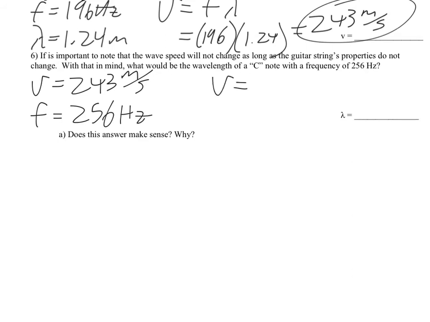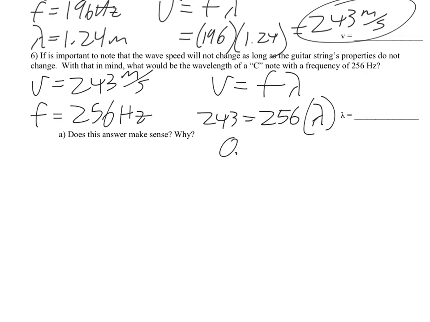So using v equals f lambda, v is 243, f is 256, and lambda is unknown. To get lambda alone, we have to divide both sides by 256, so 243 divided by 256. We get 0.95 meters is our wavelength.